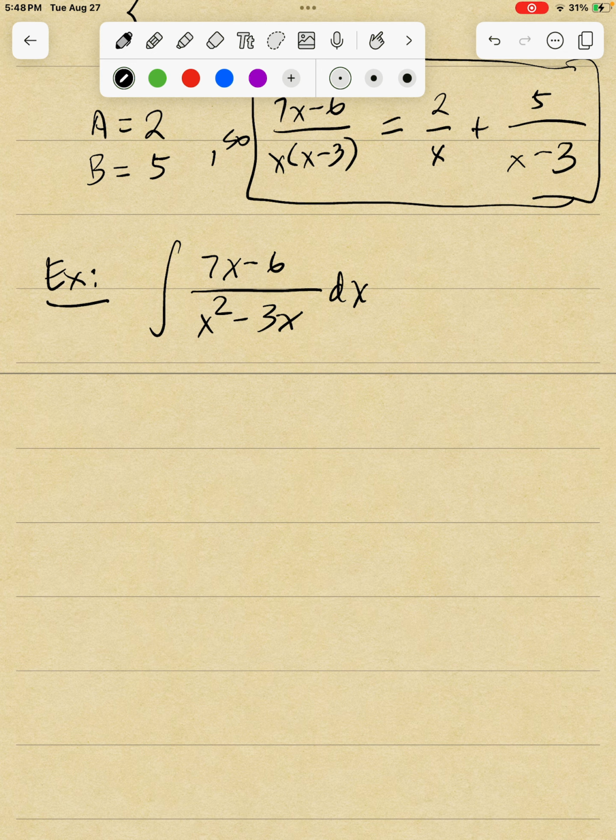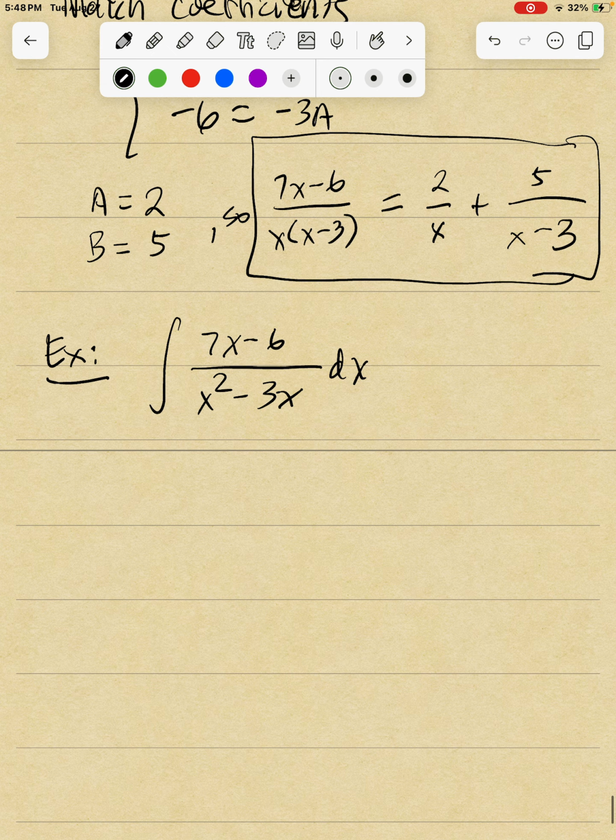The thing is that substitution is hard to work with here, but I see that the denominator factors as x times x minus 3. So if I know that I can rewrite this thing as this, then I can rewrite the integral.